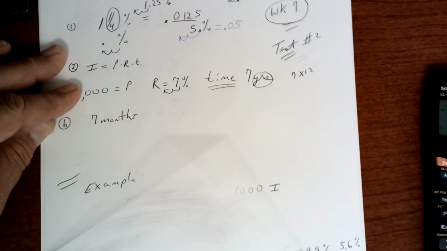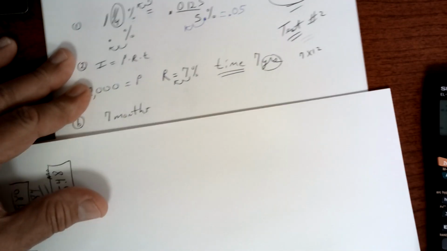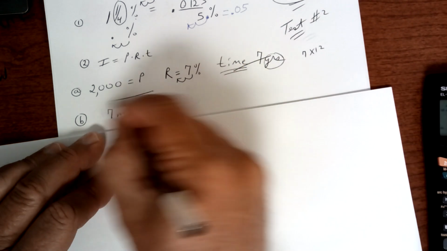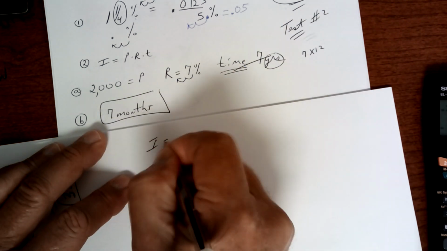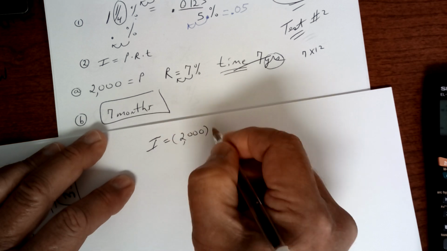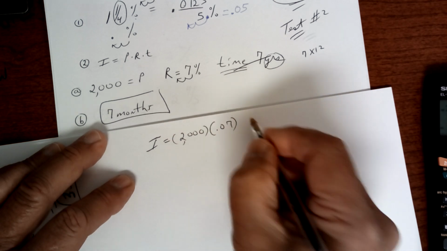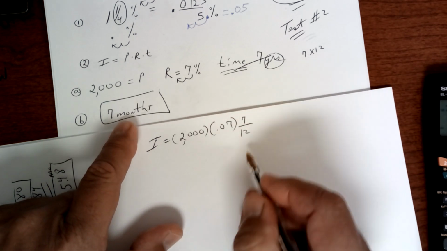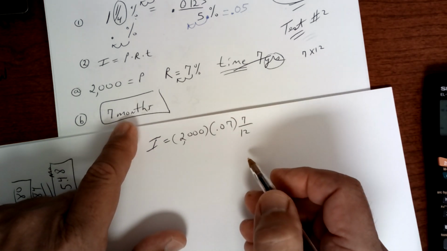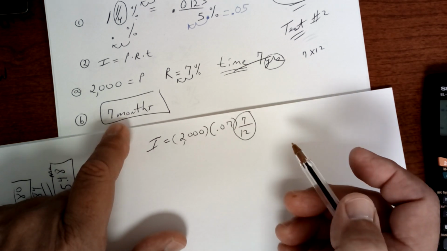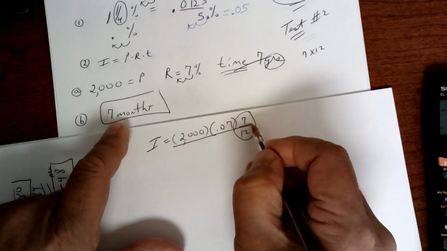Now this one right here says use everything that you have up here, but instead of 7 years, we're going to use 7 months. So it's going to be interest equals principal times the rate times the time. Well, here it's 7 months, and there's 12 months in a year. So you got to put 7 over 12. Okay, it's got to be expressed as a year, and this is a fraction of a year. So you're going to multiply all of these top numbers and then divide by 12.